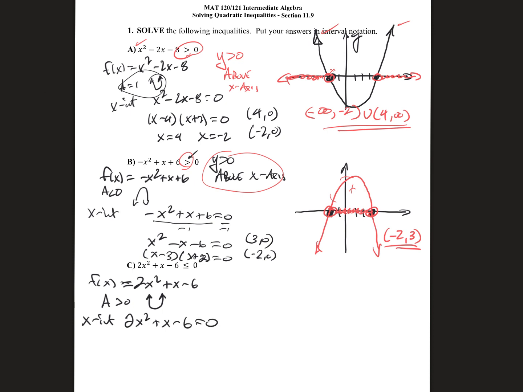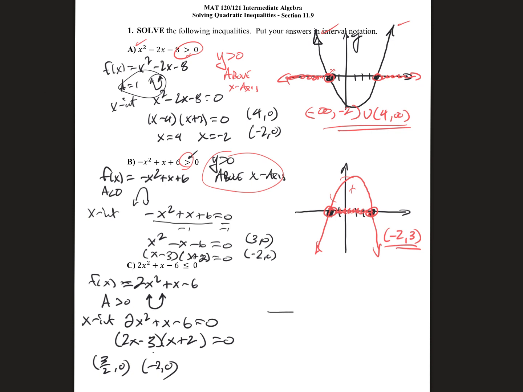And let's see, do we have a nice factorization here? I think we do. 2x and x. I believe if we make this 3 and this 2 and that plus and that minus. So negative 3x, yep, there we go. So it looks like we have one x-intercept at 3/2, 0, and another one at negative 2, 0.